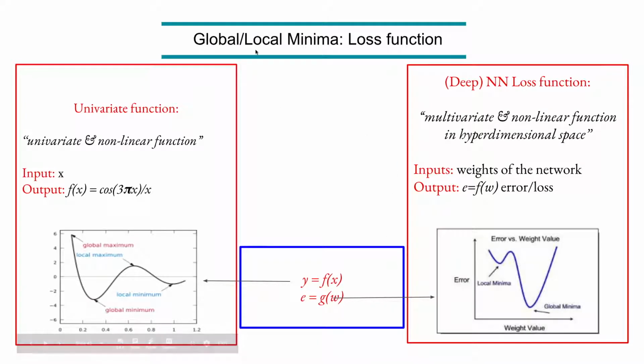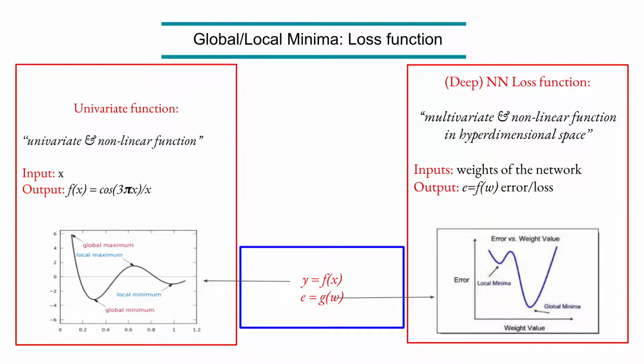So this was just a random function, and on the right you see the loss function of a deep neural network. This is multivariate. That means there are a lot of parameters of this loss function, and there are some nonlinearities inside the model.